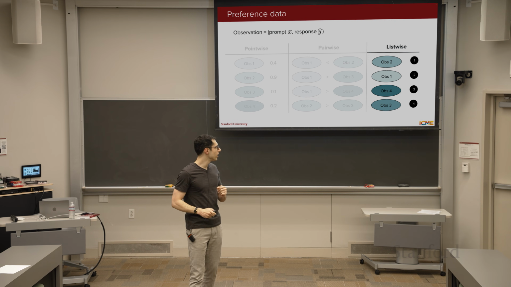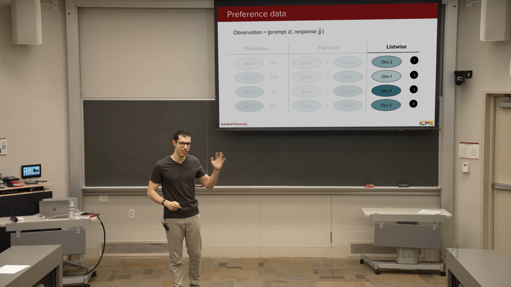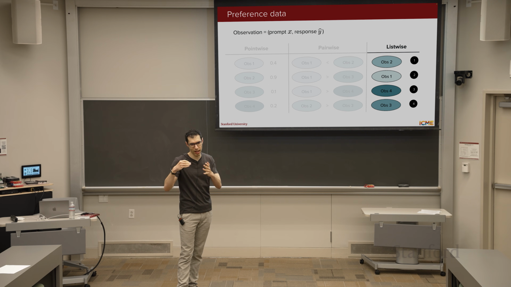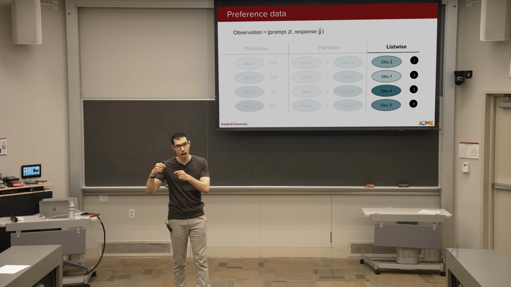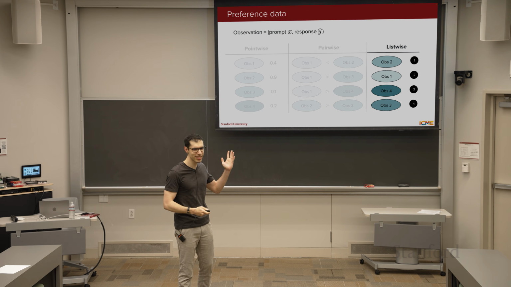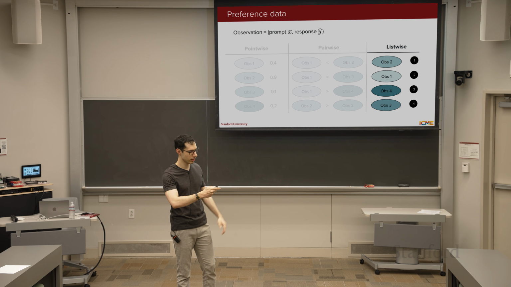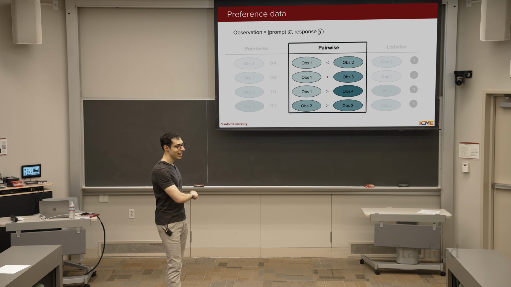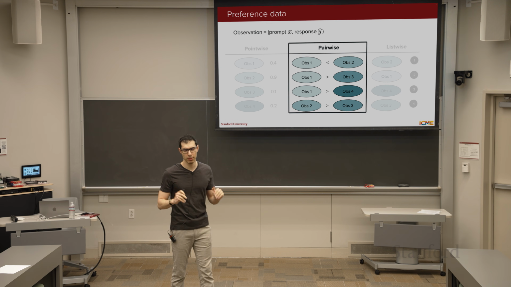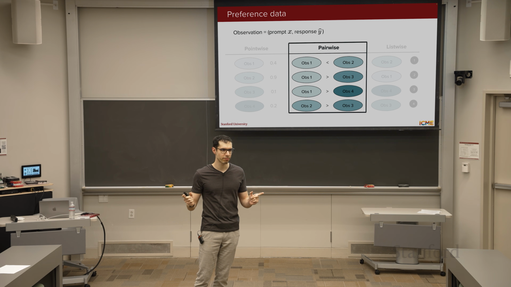I guess this one is easier than pointwise because you don't have to specify how much better it is. But it's still a bit more complicated. And that's the reason why people typically use pairwise.